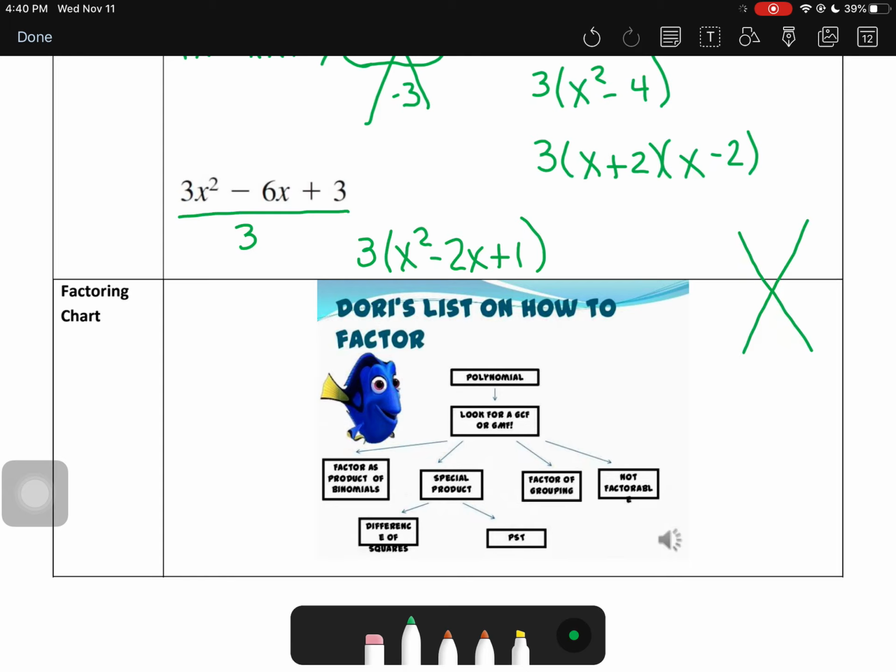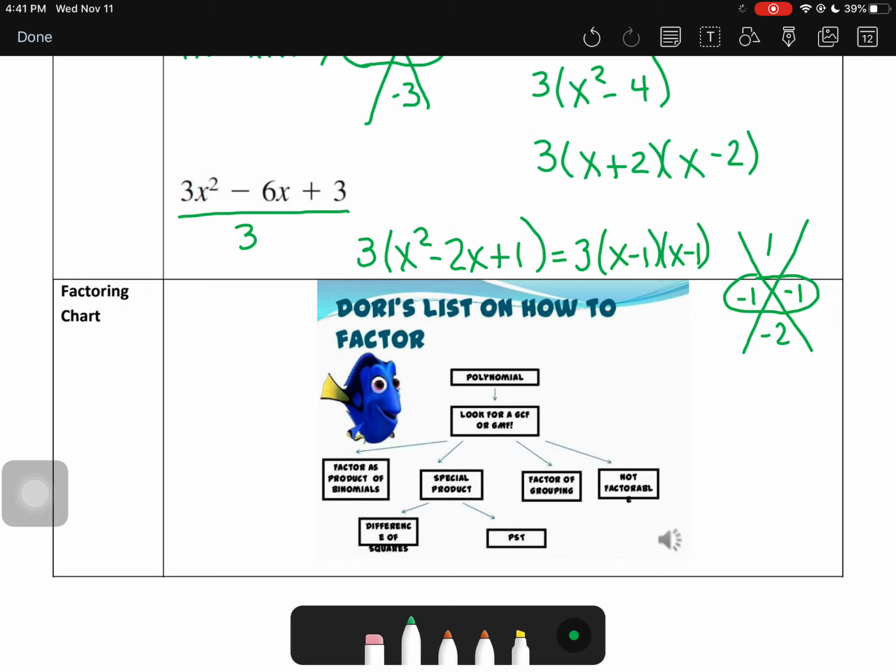So a times c would be 1, and we would have our b value of -2. -1 times -1 is +1, and when we add them together, we get -2. So don't forget your factor of 3, and then we have an x minus 1 and an x minus 1. Or we could write it as x minus 1 squared.